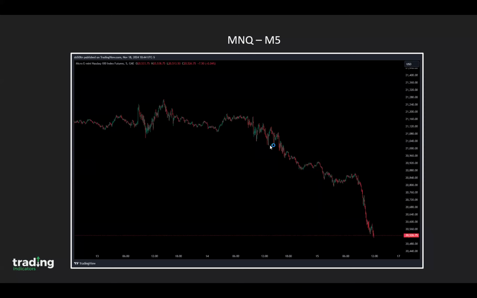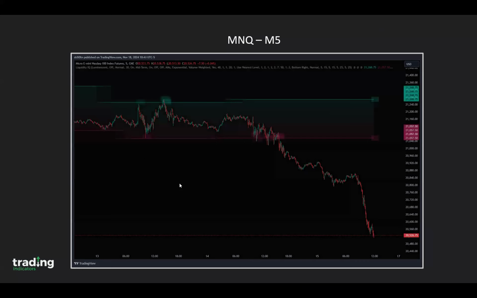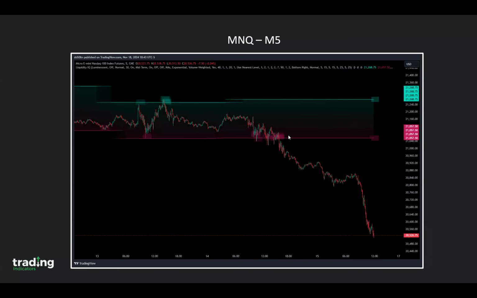I think it's really hard to see just by looking at the naked chart. Nothing concrete comes to mind, at least not to me, when I look at this chart. But let me enhance this chart a little bit. Now I applied something to the chart, and now we can see these lines on the chart. Just by having these levels or zones on your chart, I believe things are becoming a little bit clearer.